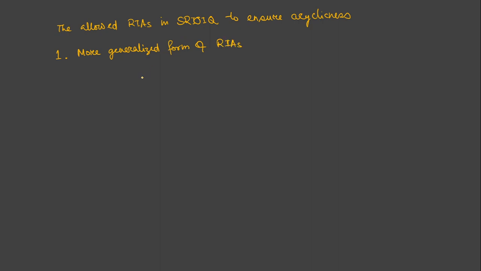What is the form that we can think of? S1 composition S2 composition ... composition Sn implies R is a sub-property of R, right, where n is greater than or equal to 1.